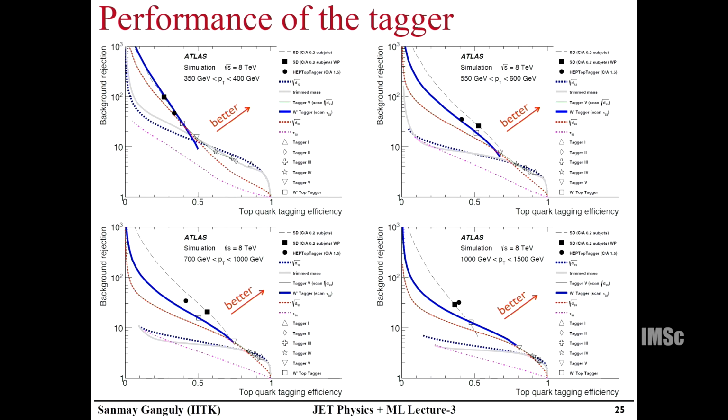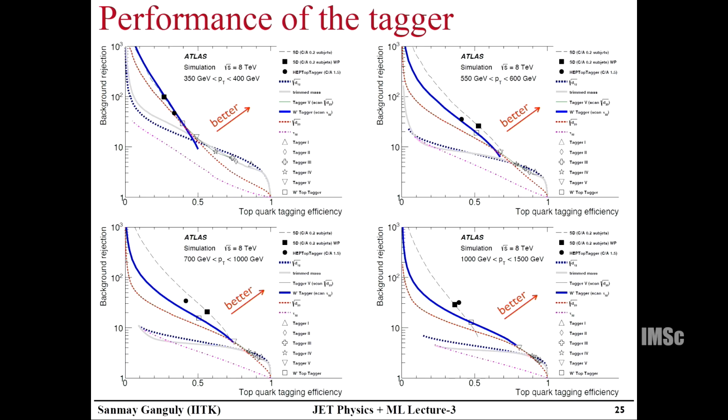Fine. So here we were comparing all the different taggers on the ROC curves. It's the efficiency versus rejection, which is the reciprocal of efficiency. Here you can see, given all these taggers which we defined, how they perform and how much top tagging efficiency they can reach.